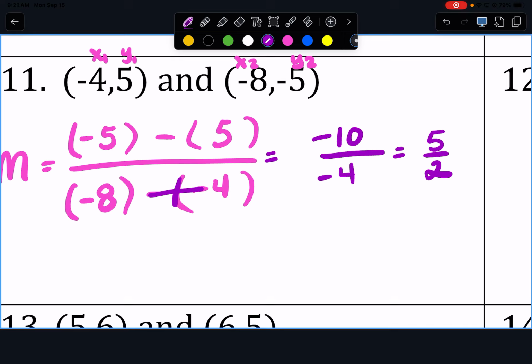But using parentheses has a tendency to help us not make mistakes with our signs if we set it up right. Because if you set it up just like that and you type it into a calculator, it'll tell you exactly the same thing every time. Yes? With the 5 over 2, would that be positive or negative? Positive, because a negative divided by a negative is going to make it positive. Yep.